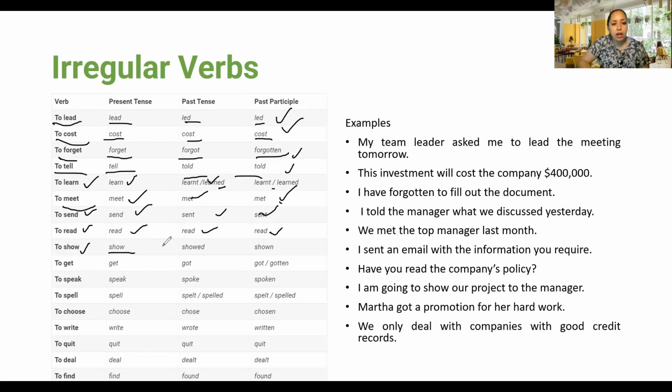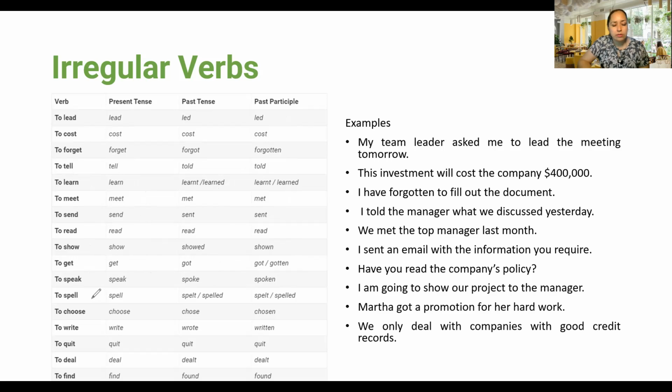To show, showed, and shown. To get, got, and gotten. To speak, spoke, spoken. To spell, spelled. To choose, chose, chosen. To write, wrote, written.